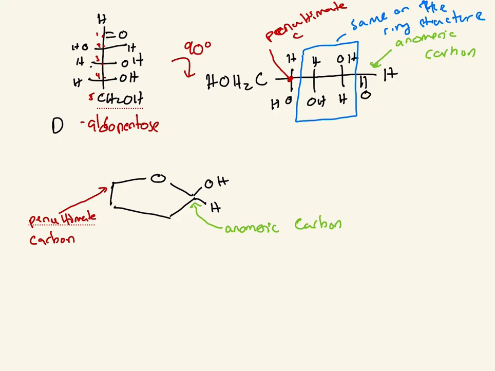This is the anomeric carbon, so the ring is going to start numbering from here. So it's going to be 1, 2, 3, 4, and then you say, okay, wait, we need another carbon here. Where does it go? Well, remember that this reaction is happening between this oxygen on the penultimate carbon and the carbonyl carbon, right? So that's where they're being closed.